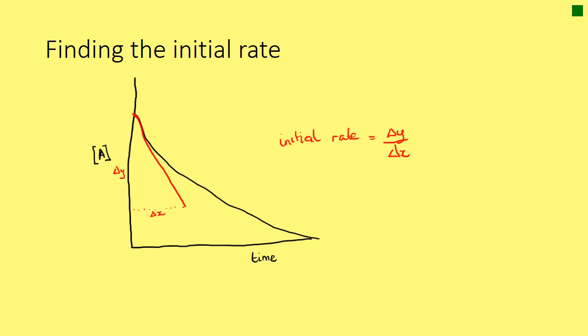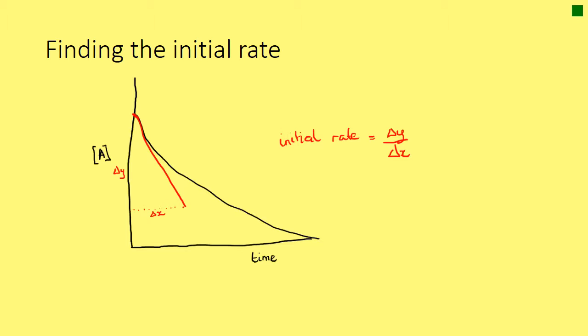So on the y-axis, you would want the concentration of the reactant. Let's call the reactant A, all right, and the concentration of that. And we want to see how that changes with time. Now, at the start, the concentration of A is going to be the highest because none of it has reacted yet.